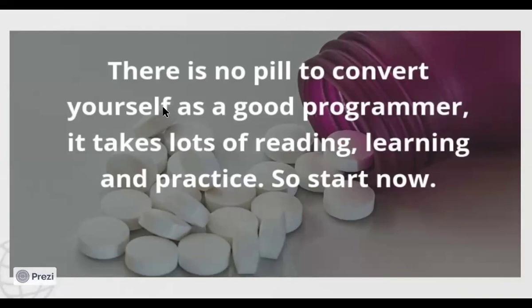It takes a lot of reading, learning, and practice. You need to spend a lot of time because maybe your background is not .NET, maybe not even IT. So you need to spend more time on .NET, and you're in the programming phase. Correct me if I'm wrong.